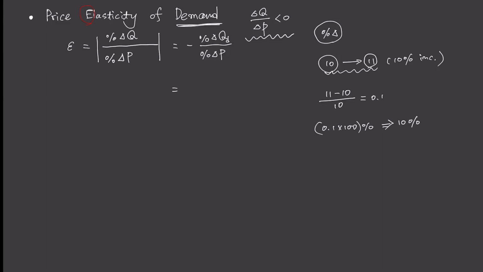That is a 10% increase. But one thing we need to note: if it is the opposite direction, it is not exactly 10%. If we go from 11 to 10, the original value is 11 and the change is negative 1, so it is negative 1 over 11, not 1 over 10.